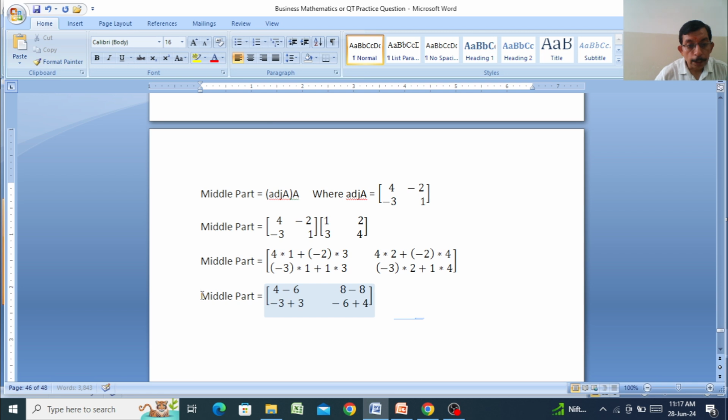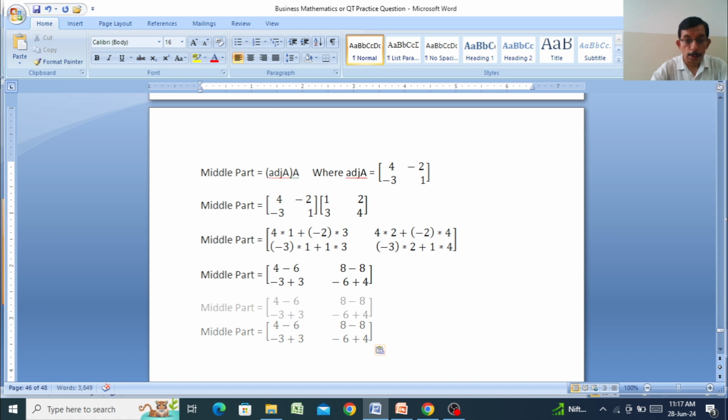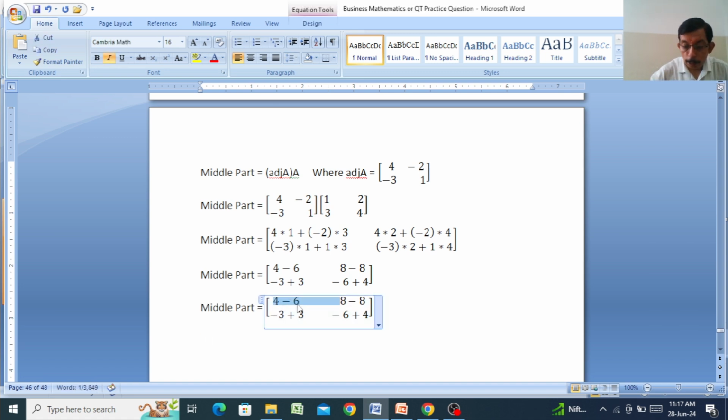Now we simplify in the next step. 4 minus 6, the result is minus 2. 8 minus 8 is 0. 3 minus 3, the result is 0.